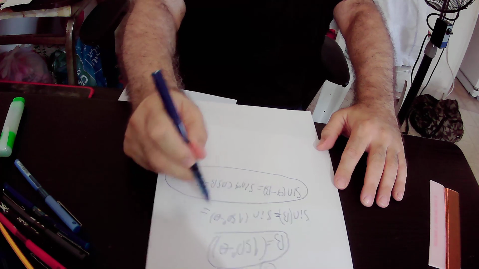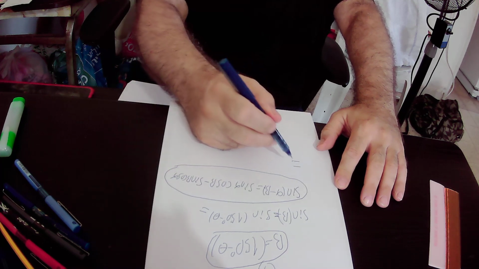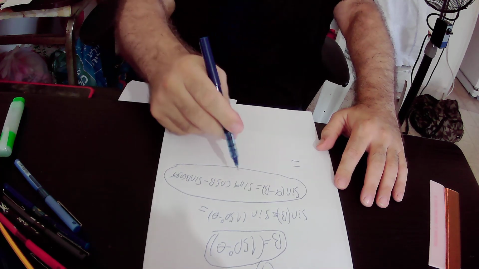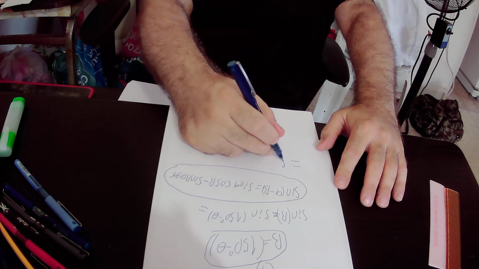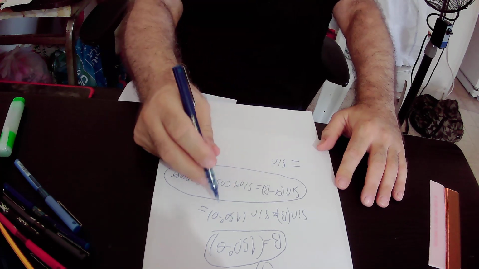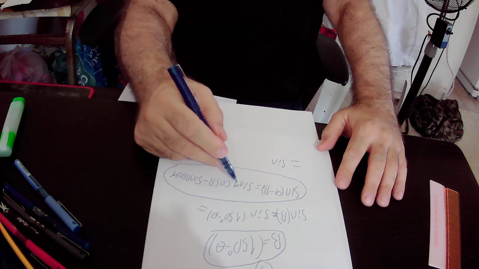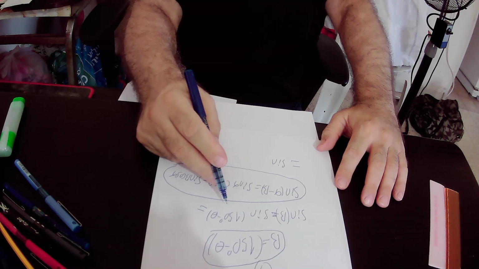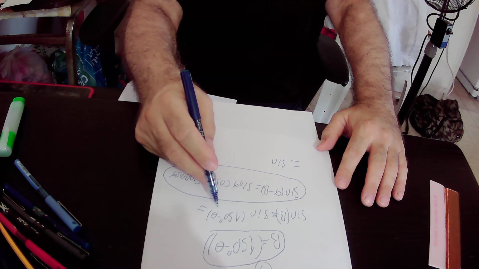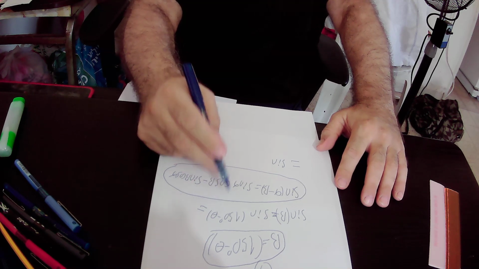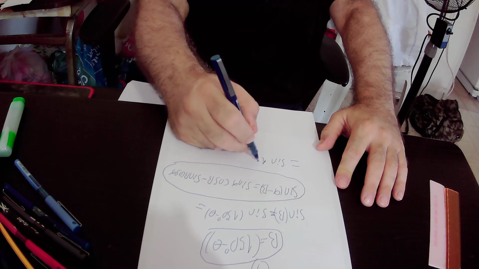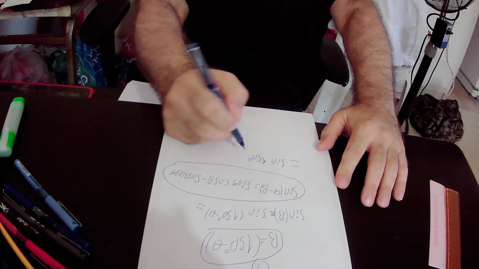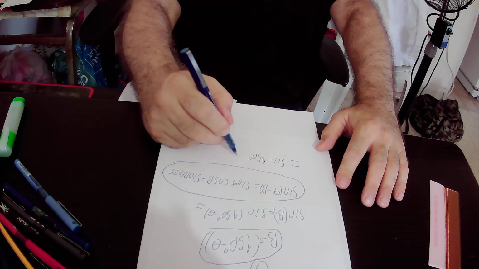So we will get that sine 150 degrees minus theta equals sine 150 degrees times cosine theta.